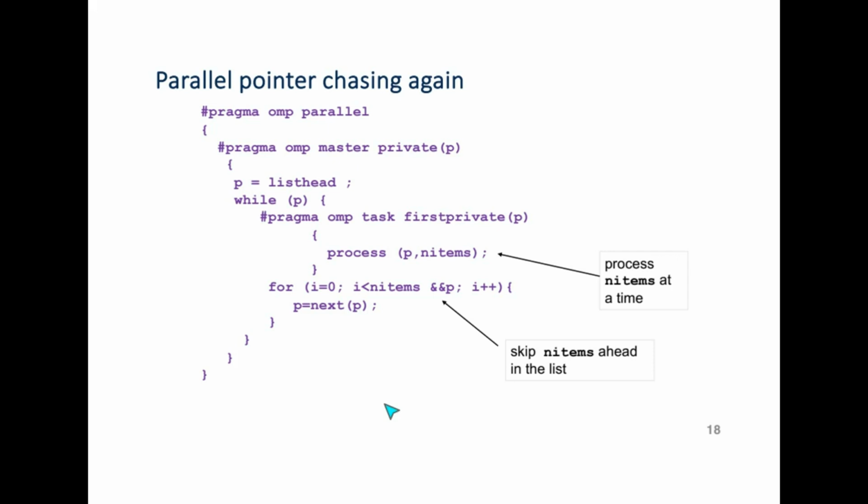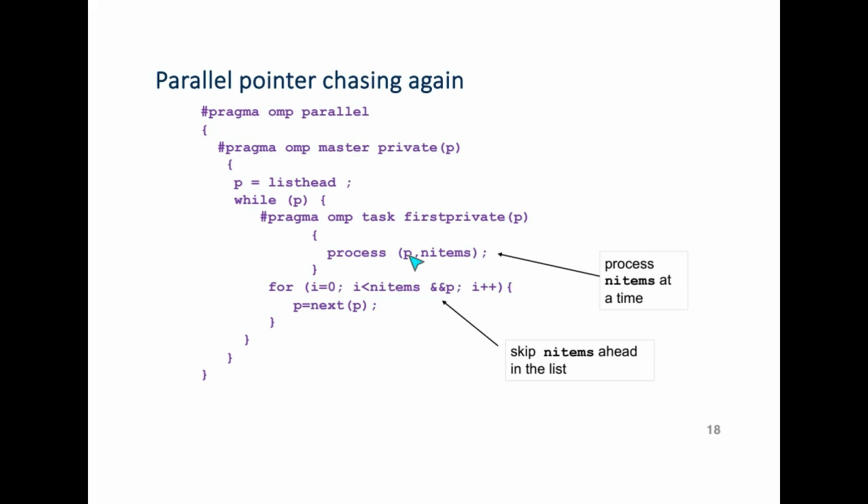So you might need to rewrite your code so that instead of the process function acting on one item in the list, it acts on a number of consecutive items. The task would now be a bigger piece of computation, and the master thread needs to skip ahead so many items in the list before making the next call to process.